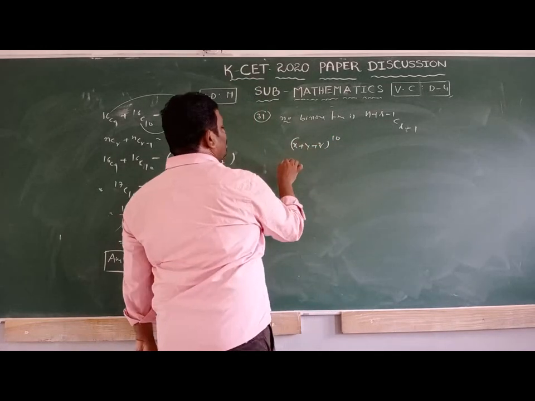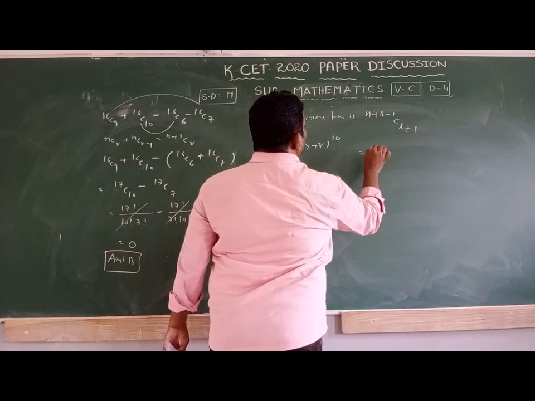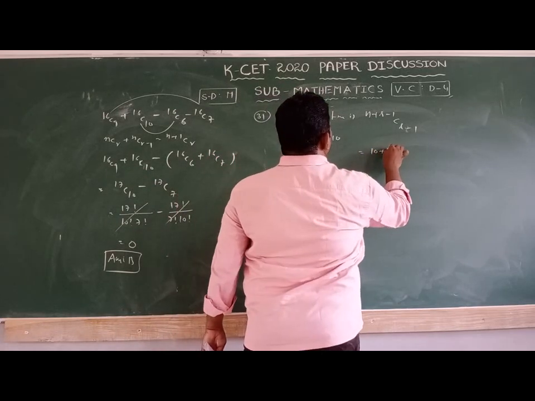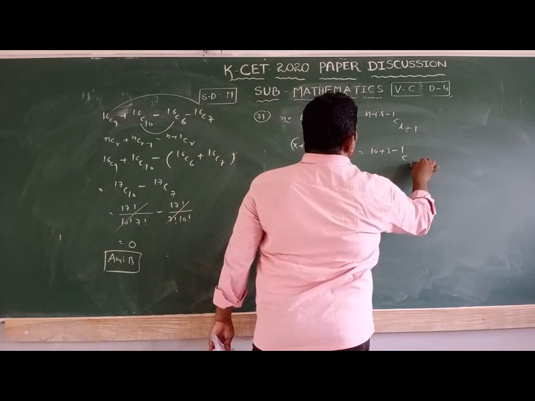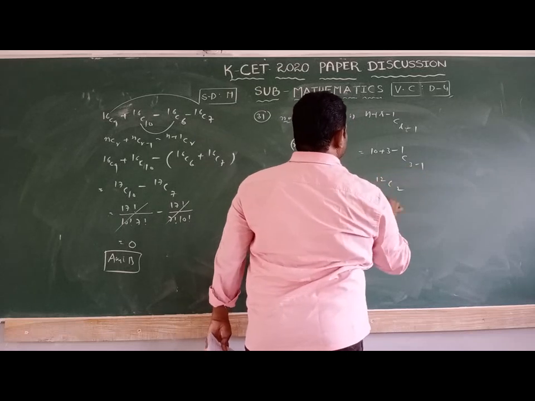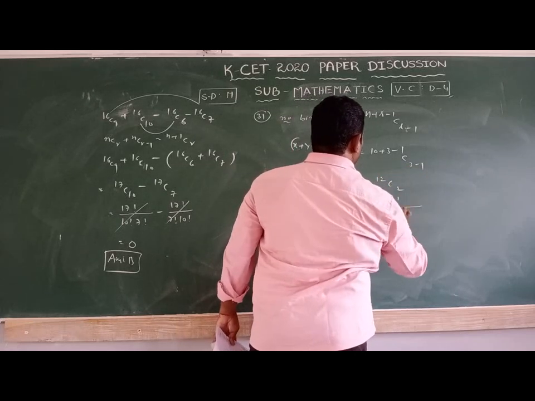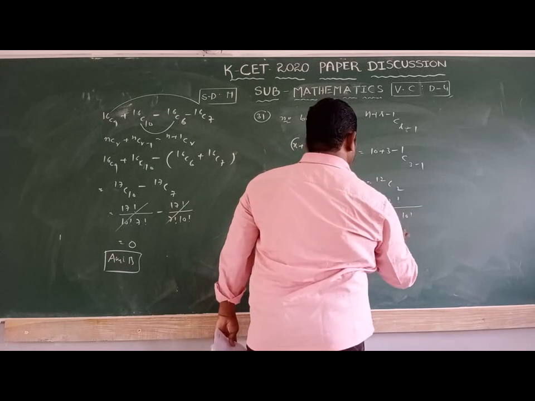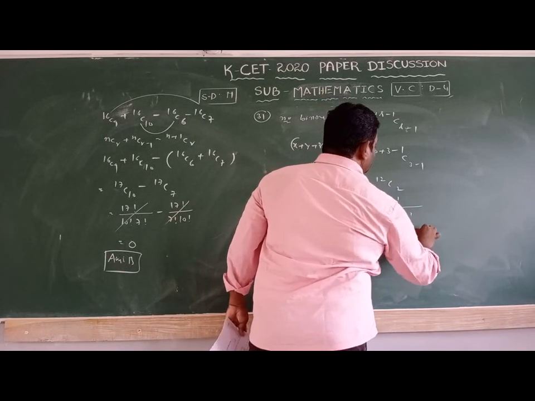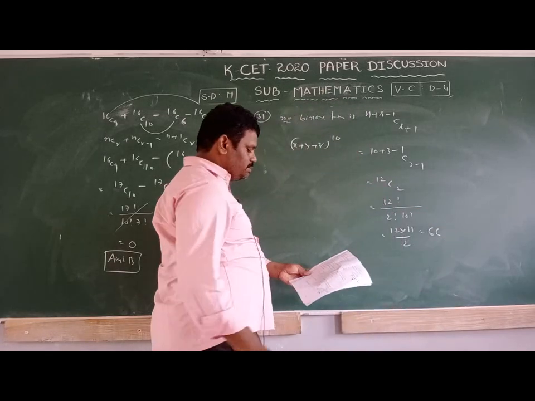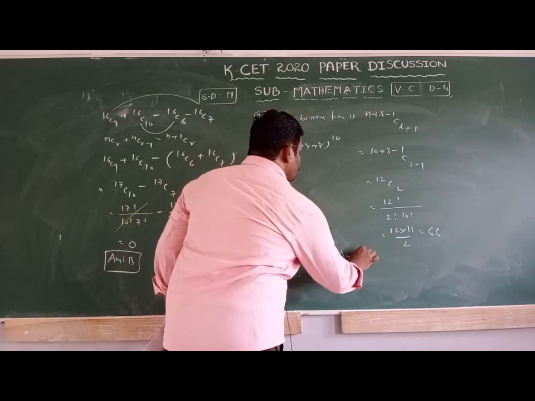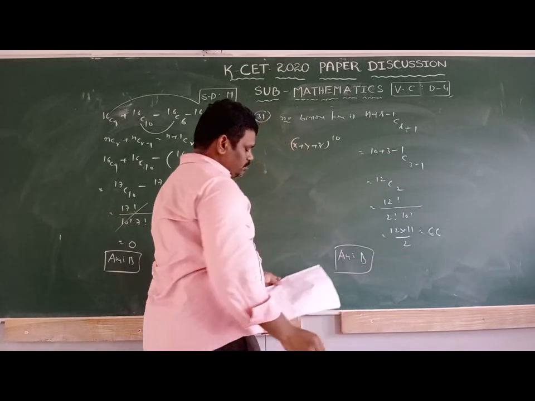Applying that formula, n is equal to 10 plus number of terms 3, C 3 minus 1, that is equal to 12C2. 12C2 means 12 factorial by 2 factorial into 10 factorial. So 12 into 11 by 2 is equal to 66. Number of terms is equal to 66. So option B.